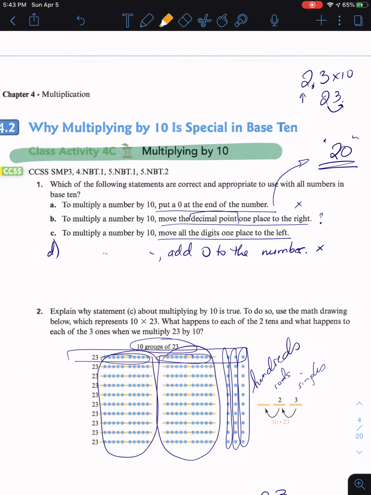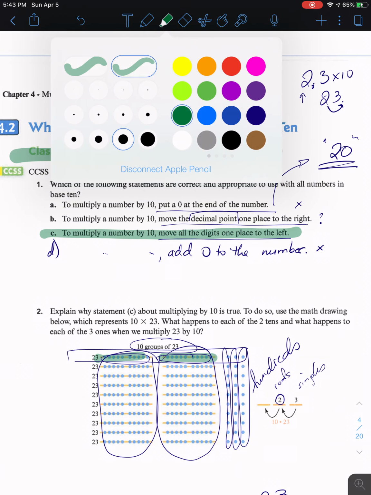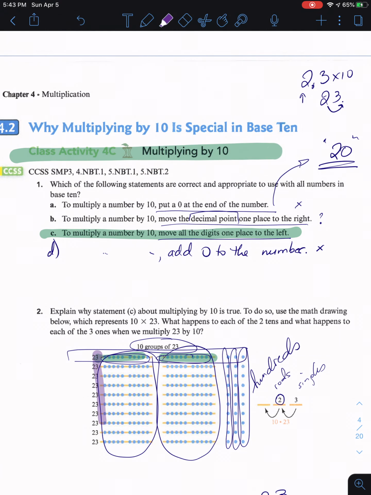So what that leaves us with is this last statement. To multiply the number by 10, move all the digits one place to the left. Now that makes sense with what we were talking about earlier. This digit 2, instead of representing 2 rods before multiplication, after multiplication is going to be representing 2 flats.